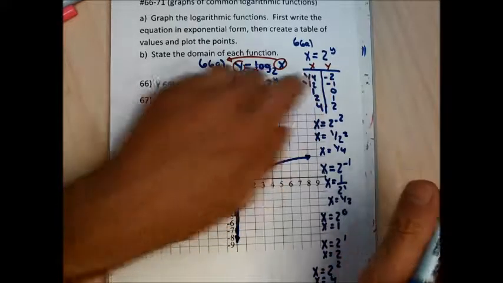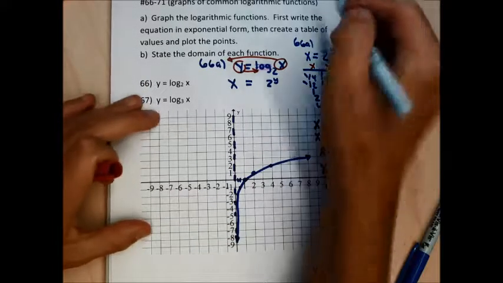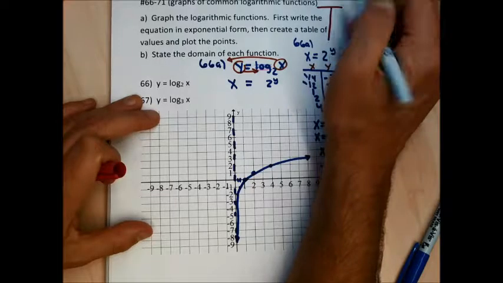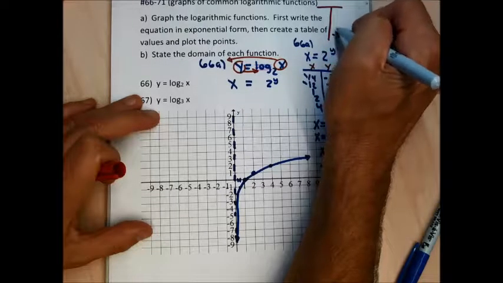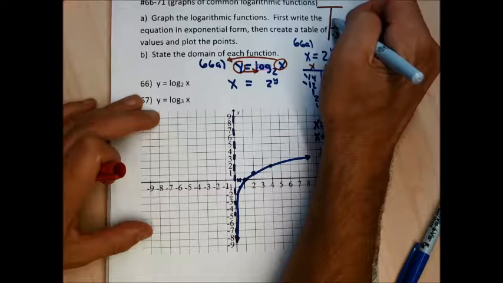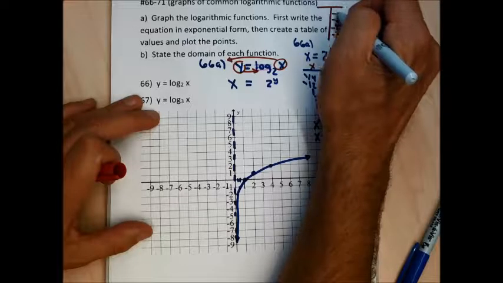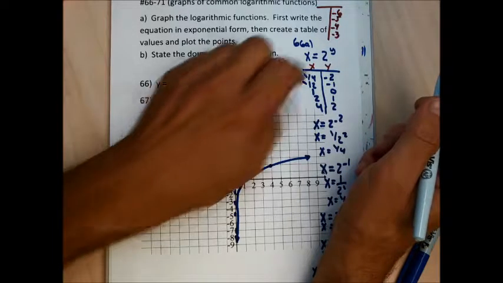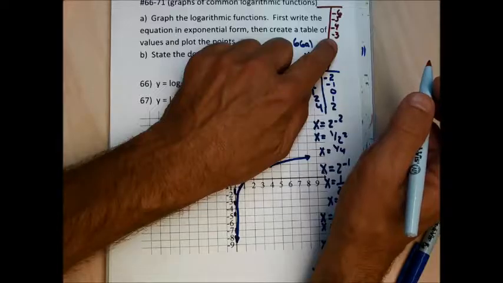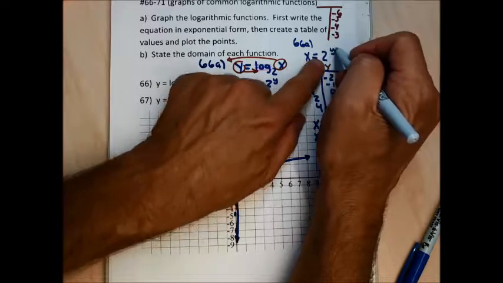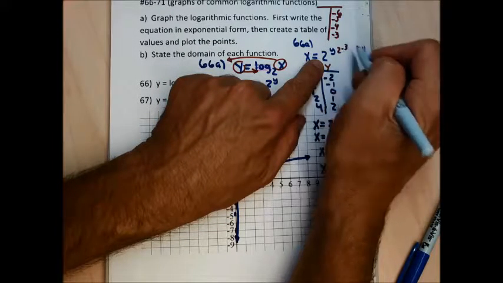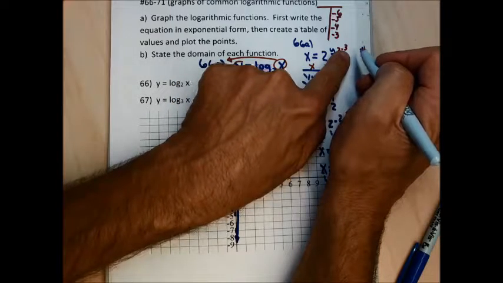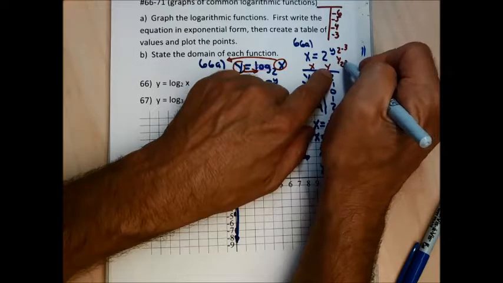This is because if I extended this table up, and in my y column I had numbers like -3, -4, -5, -6, this would give me 2 to the -3 power by plugging in that number for y, which is 1 over 2 cubed, which would be 1/8.